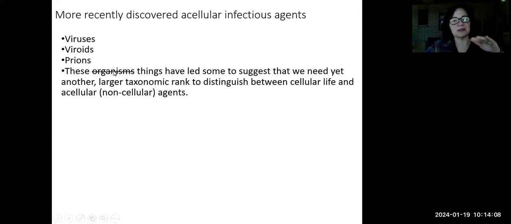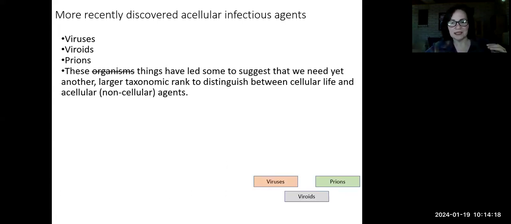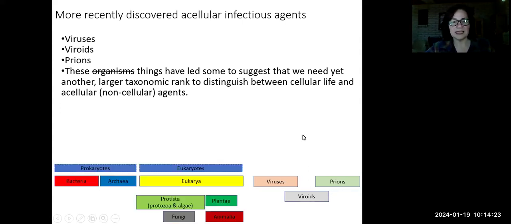And so I'm just going to say these things have led some people to suggest that we need another taxonomic rank that's bigger than domain. So we would have viruses, viroids, and prions on one side, and then everything else that we had talked about on the previous slide over here by itself.